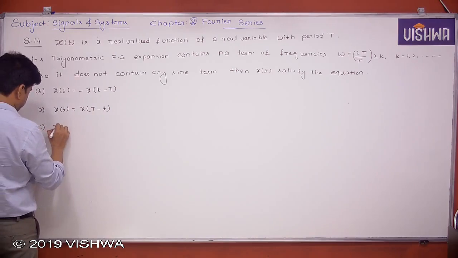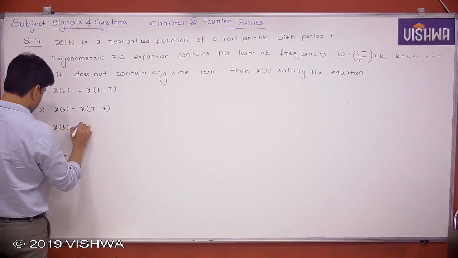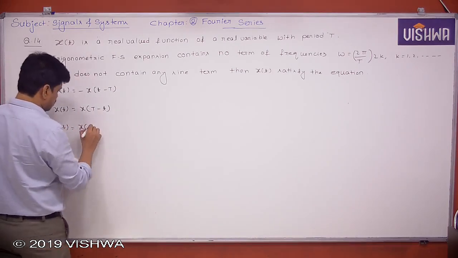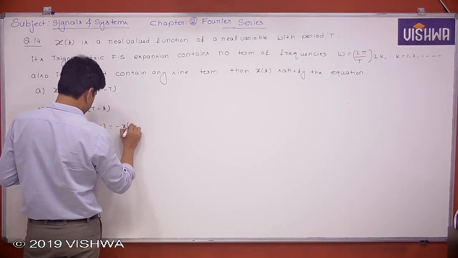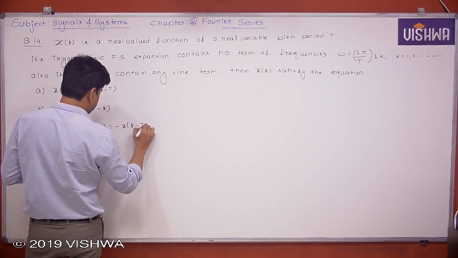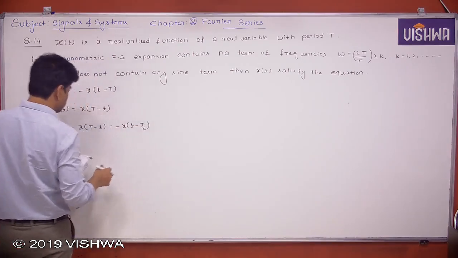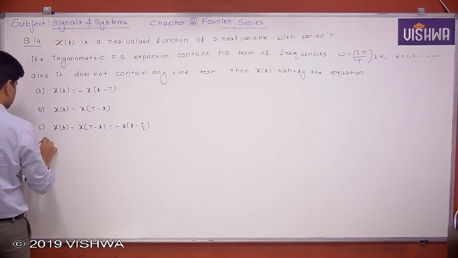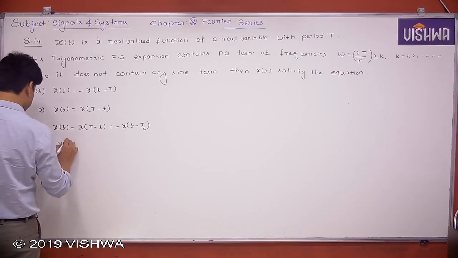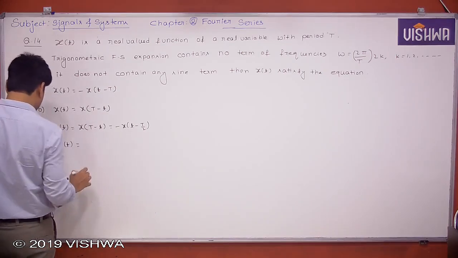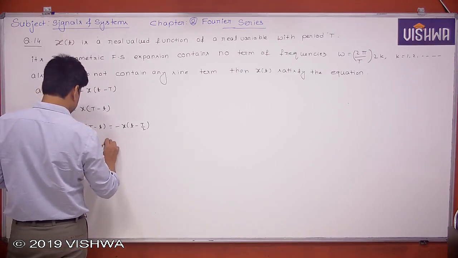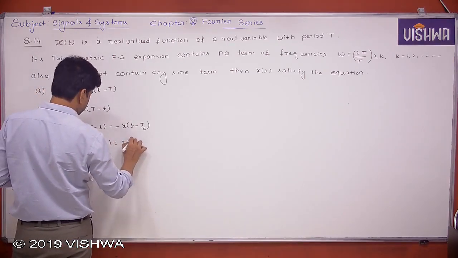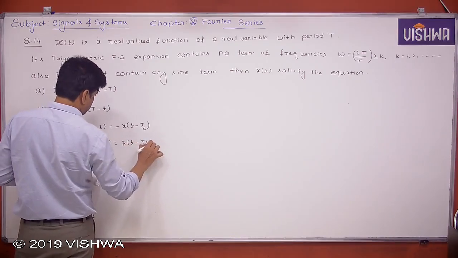Option C. X of t is equal to x of t minus T is equal to minus x of t minus T by 2. Option D. X of t is equal to x of t minus T is equal to x of t minus T by 2.